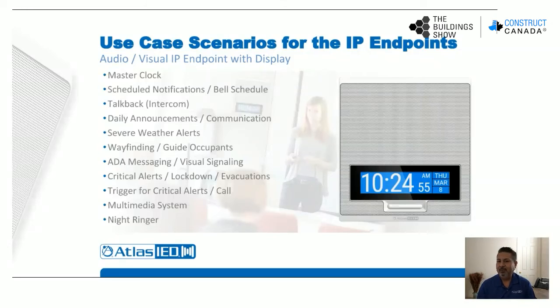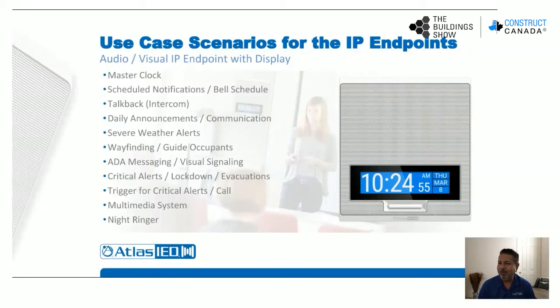Working with collaboration partner software, there's a lot of features and functions that can be utilized in a unified communication ecosystem with IP endpoints. So the ability to use schedulers. So in a K through 12 type of environment, schedulers can be used for class dismissals or class starts or tardy bells, depending on the environment that the product is used in.